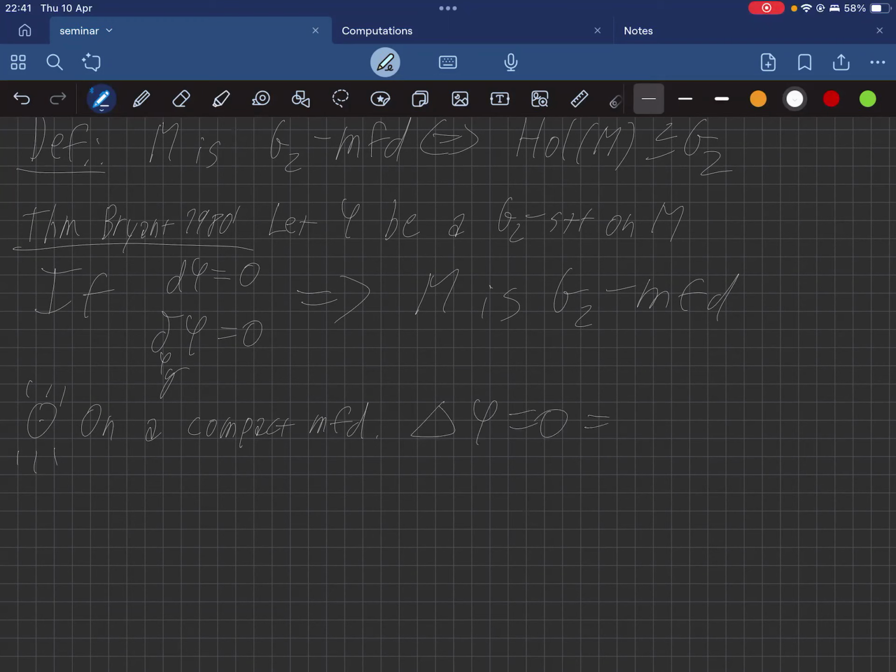This is equivalent to saying phi is closed and co-closed. But again, it's co-closed with respect to the induced metric, which means this Laplacian is with respect to the induced metric as well, which turns this into a non-elliptic, nonlinear second order ODE.